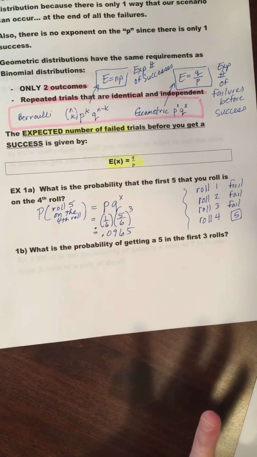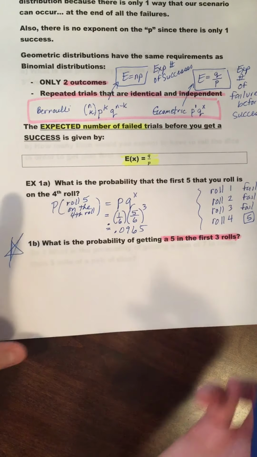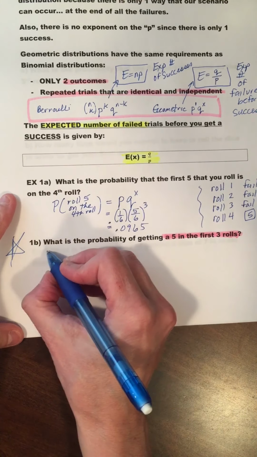Okay, let's keep looking at the next example. Can we put a star beside this one? A little bit tougher. What is the probability of getting a 5 in the first 3 rolls? In the first 3 rolls. So, wait a minute. This brings to mind some different scenarios.